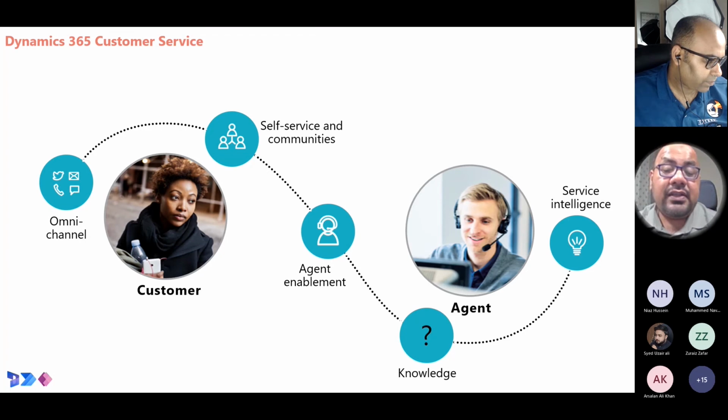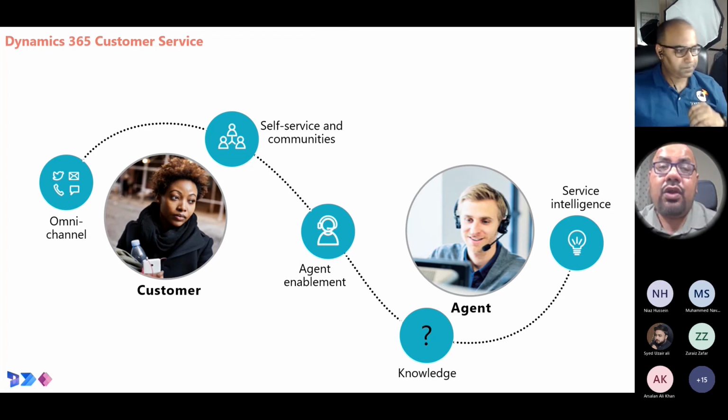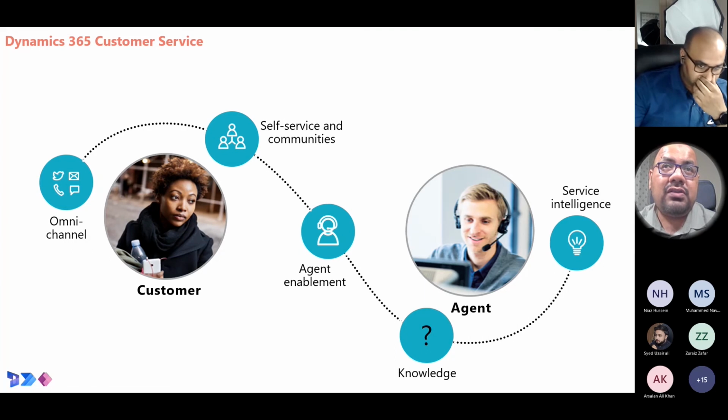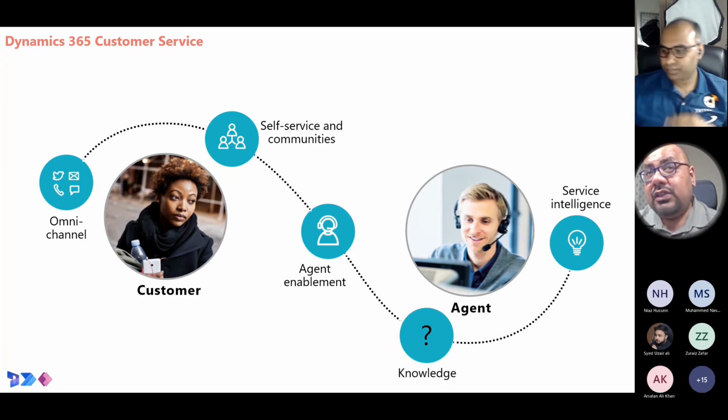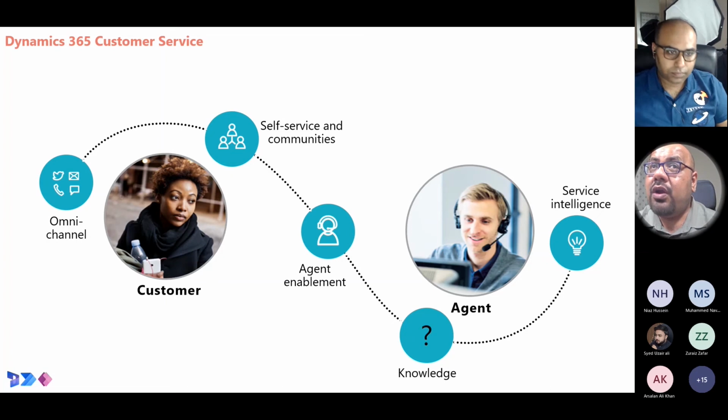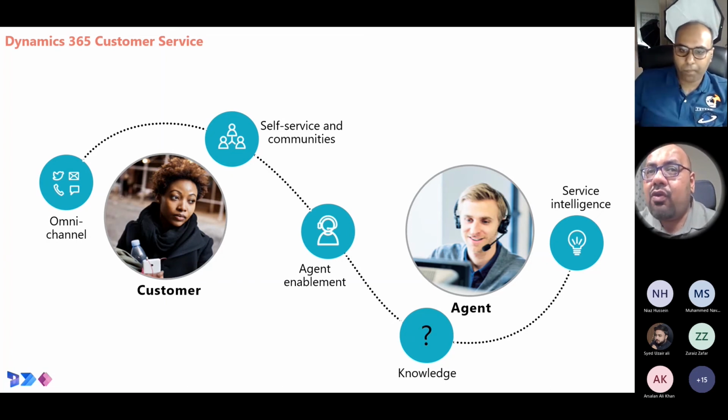Either he's going to send an SMS, send an email, or put some social feedback on his social account, or give you a call. Based on the information that you receive, there is also a self-service option available. Meaning the system is going to respond to the customer very proactively, and based on the customer needs and requirements, what he's asking for, it can route the information to the relevant team.